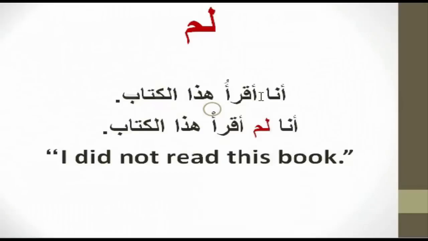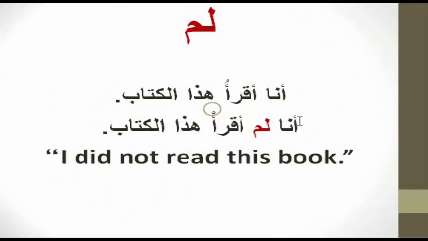أنا أقرأ هذا الكتاب. I'm reading this book. أقرأ is the present tense verb and the present tense verb always has dhamma on the last letter of it. أنا أقرأ.